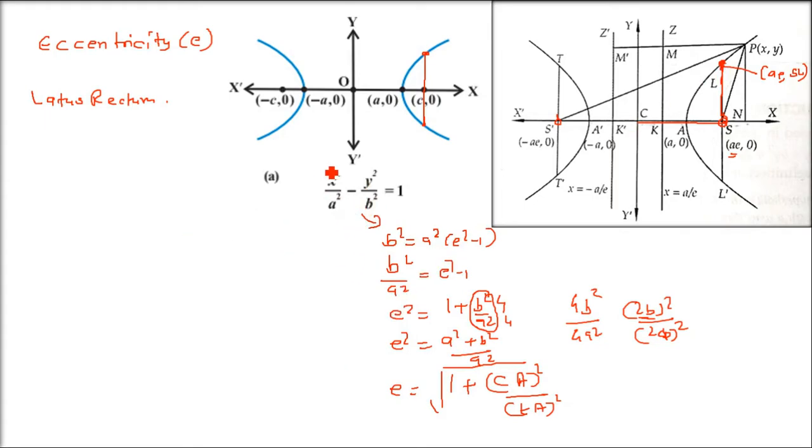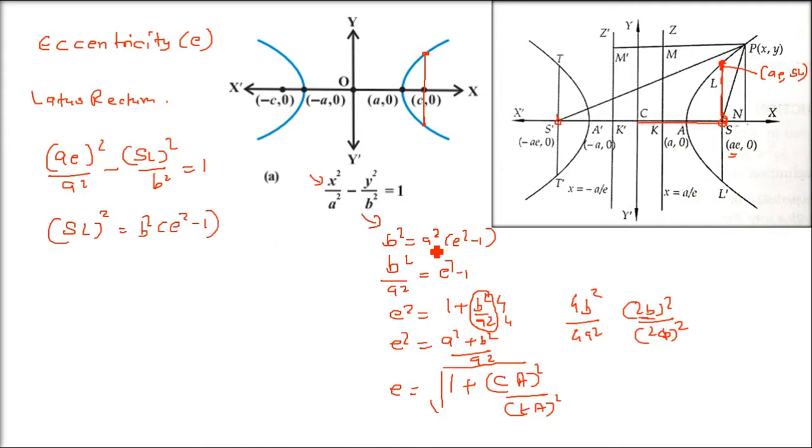But I know that this point is on the hyperbola, so I can just put it in the place of x and y: a squared e squared by a squared minus SL squared by b squared equals 1. Rearranging, SL squared equals b squared times (e squared minus 1).